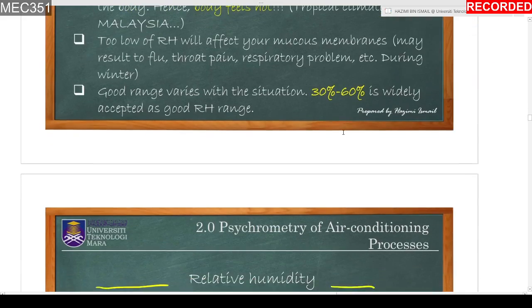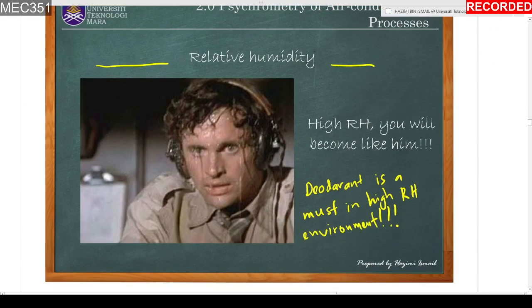Okay, boring dah. Sikit lagi. Okay, ni contoh peluh ni sebab high relative humidity. Kalau low relative humidity, example dekat desert gurun Sahara, sana panas dan kering. Kering tu maksudnya low humidity. Jadi kandungan air dalam udara sangat rendah.